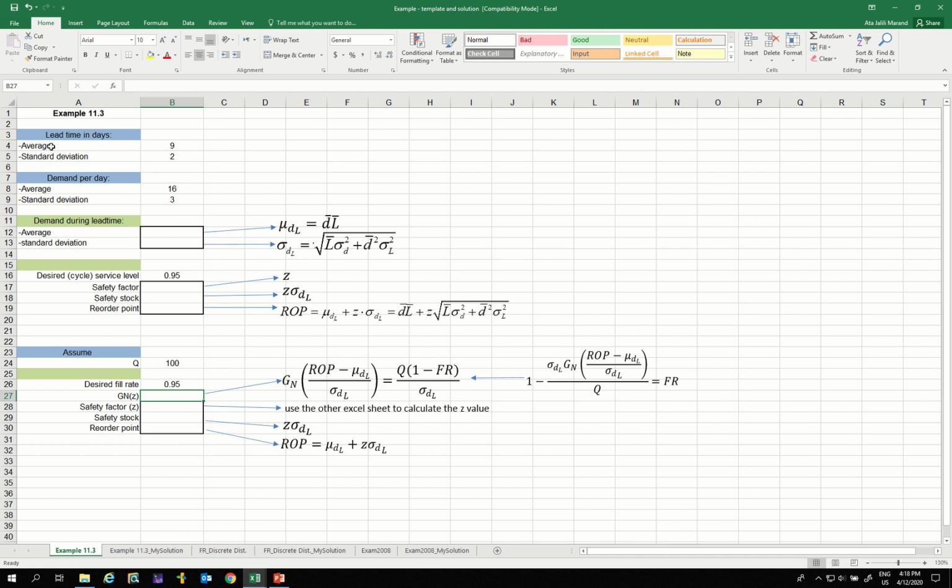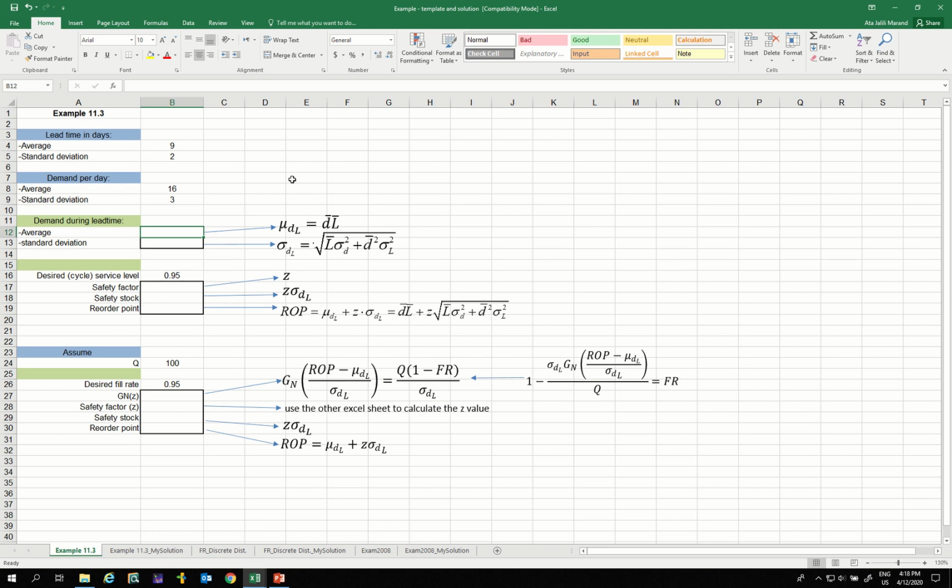We have the average and standard deviation of lead time in days equal to 9 and 2 respectively. We also have the average demand per day equal to 16, and standard deviation of demand per day equal to 3. Based on these numbers, I can calculate the average and standard deviation of demand during lead time.